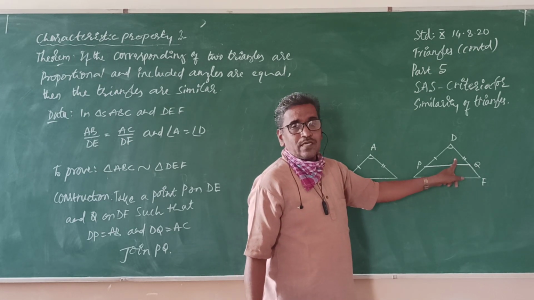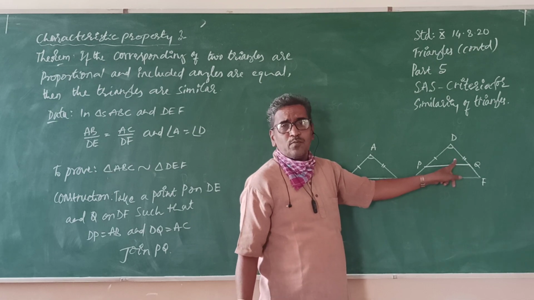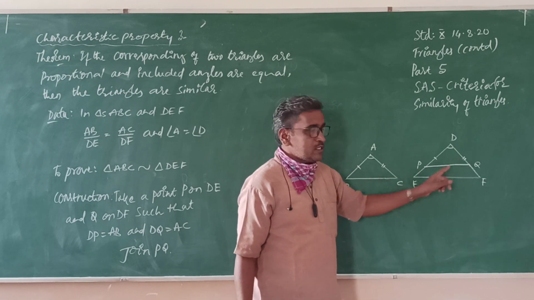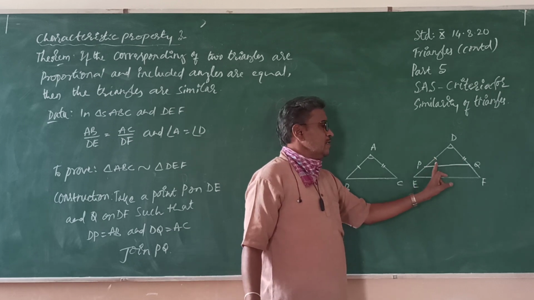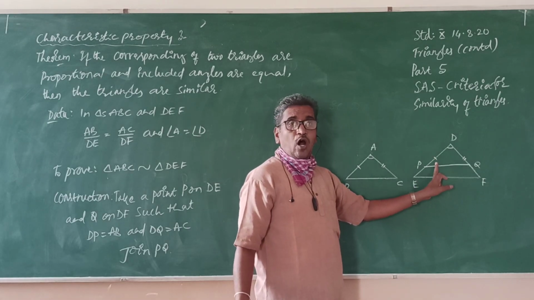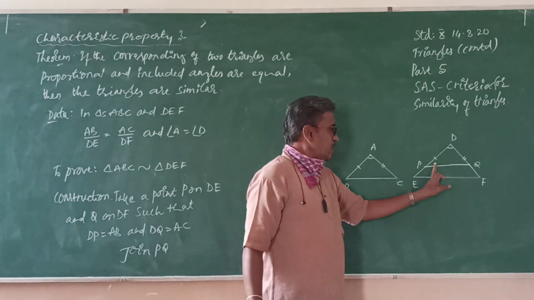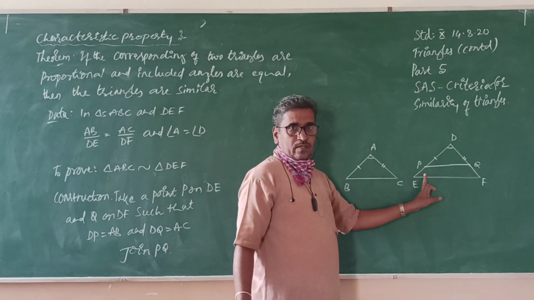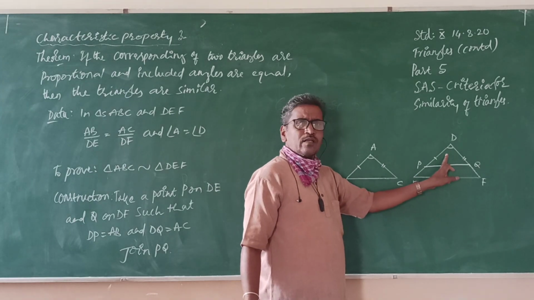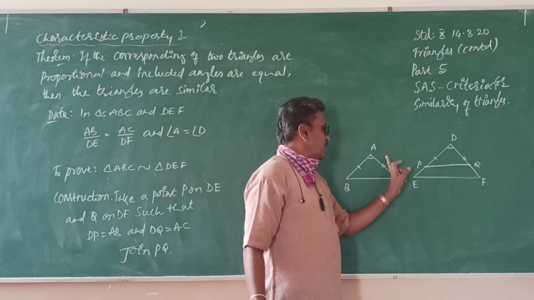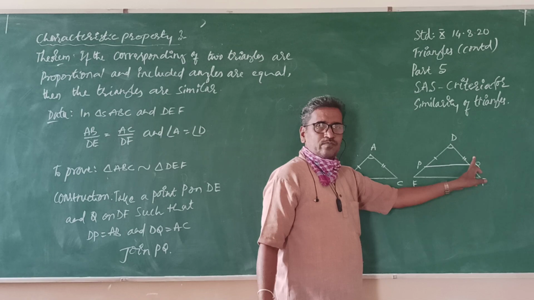These two triangles are congruent, so with the help of congruence, angle B is equal to angle P, or angle C is equal to angle Q, and AB by DP is equal to AC by DQ.